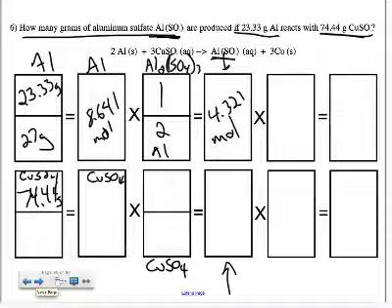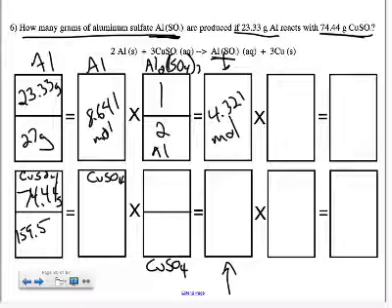sulfate. So the molar mass of copper sulfate is 63.5 for copper plus 32 for sulfur plus 64 for oxygen, which gives me 159.5 grams. So if I do 74.44 divided by 159.5, I get 4.667 moles.